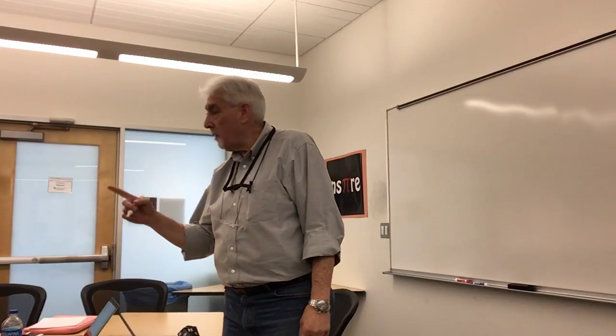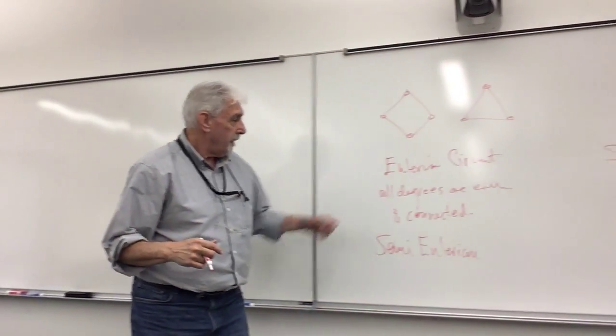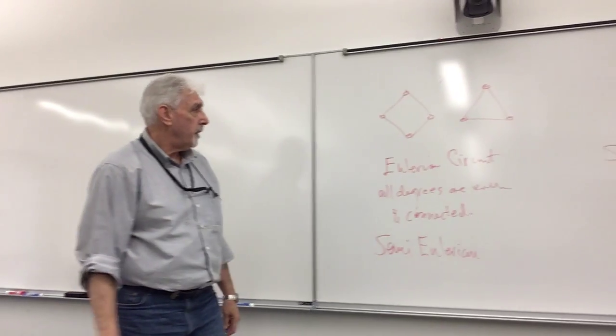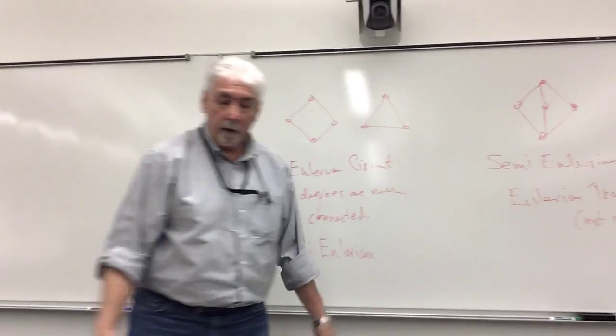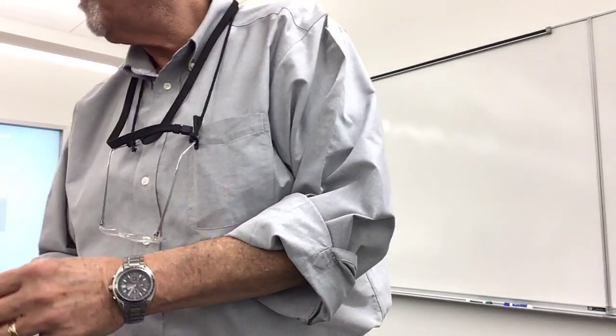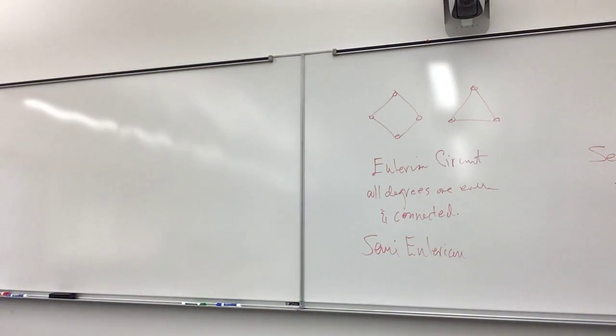Just to double check, a graph contains an Eulerian circuit if and only if all degrees are even and it's connected, yes. Okay. And for semi-Eulerian, what condition can you tell me? It has exactly 2 odd degree vertices, and what's the other condition?